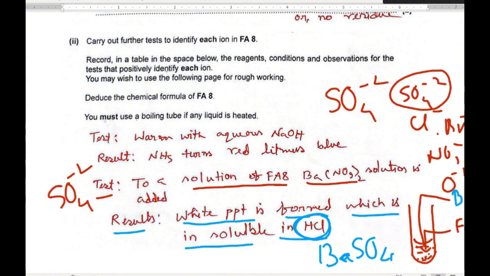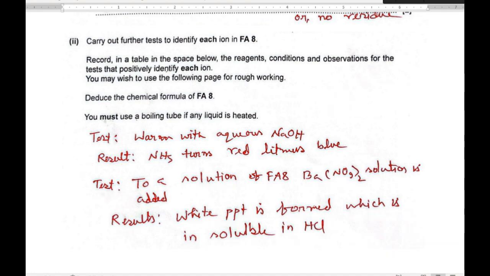No need to do extra anion tests, I mean chloride, bromide, iodide, sulfite, carbonate, nitrate, nitrite. For any unknown anion test, you start first with sulfate ion. If you don't get sulfate ion, then you will do chloride, bromide, iodide ion.